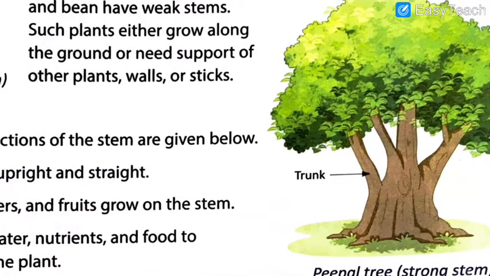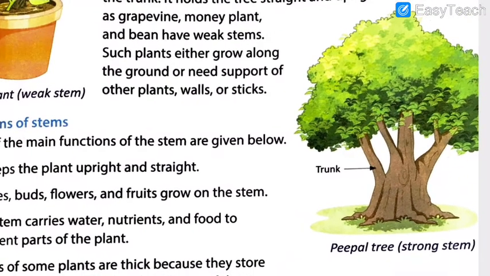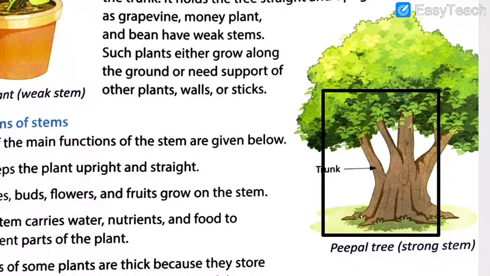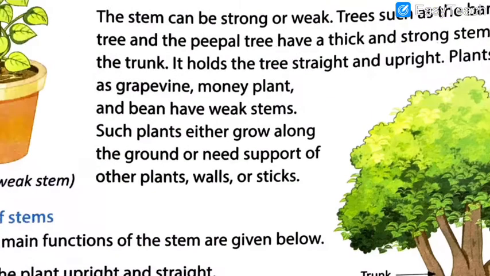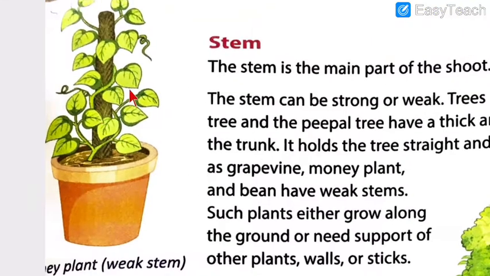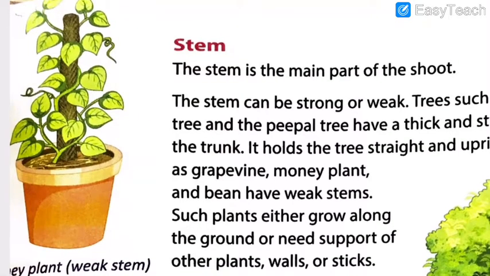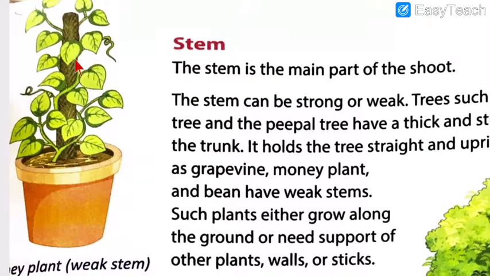So, if you can see, my dear students, here they have given a nice, beautiful picture of the tree. Now, this thick stem of the tree is called trunk, whereas this weak stem is called the stem, because the plants with the weak stem either need this kind of stick to grow straight, or they need the wall support, or they will grow just on the ground, scattered on the ground.